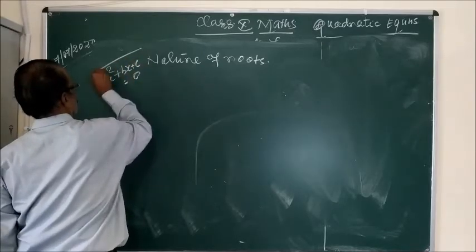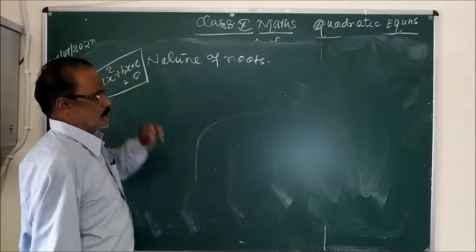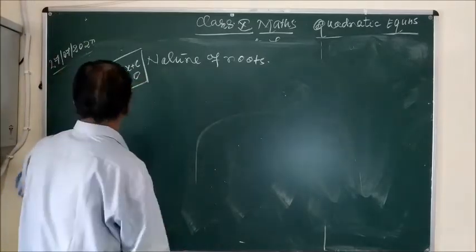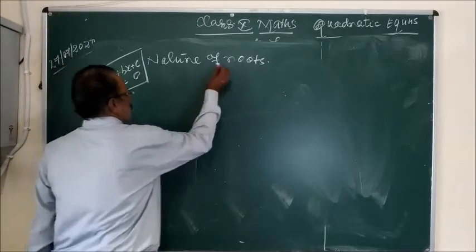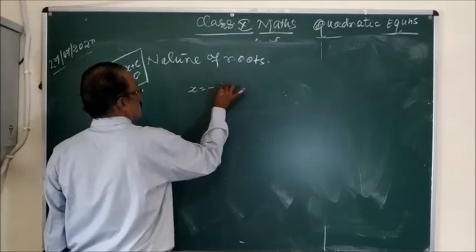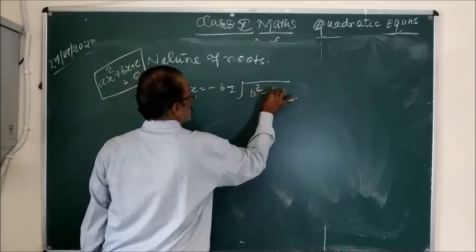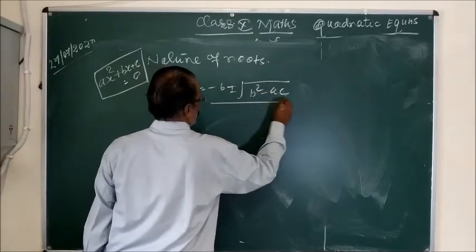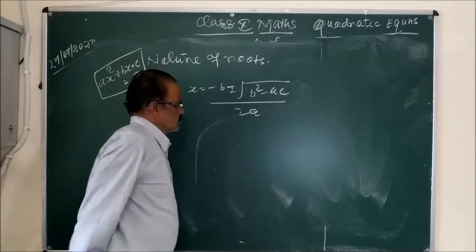This is the general form of a quadratic equation where a, b and c are real numbers and a is not equal to 0. Now you see in the formula, x is equal to minus b plus minus root b squared minus 4ac, upon the whole 2a.